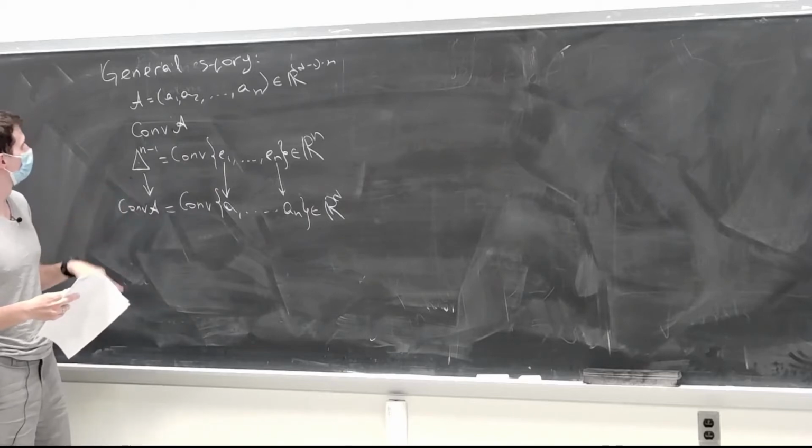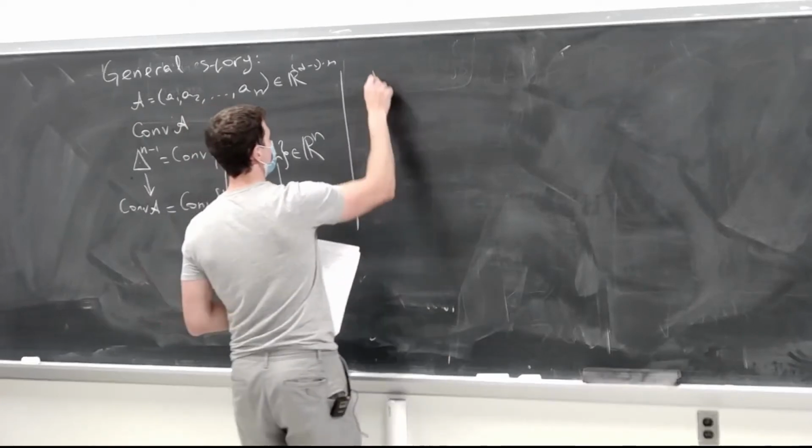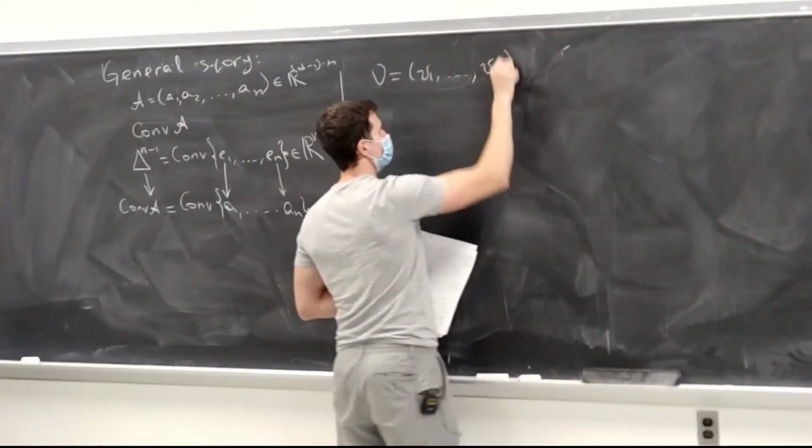Similarly, what is a zonotope? We have a vector configuration V1, up to Vn in Rd.